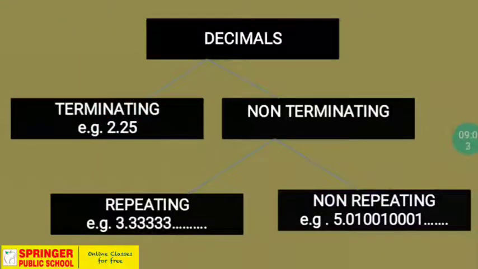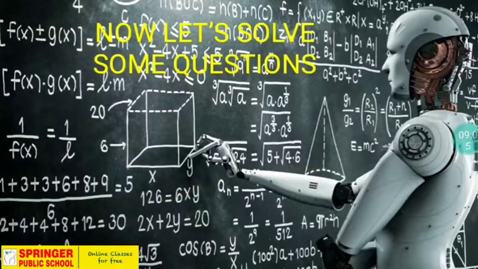Now students, I hope you all have understood what are rational numbers, what are irrational numbers, and how we can identify whether a given number is a rational or an irrational number. Now let us solve certain questions. It's time to solve certain questions based on the definition of rational and irrational numbers, and the things that you have studied in the first lecture and this second lecture.